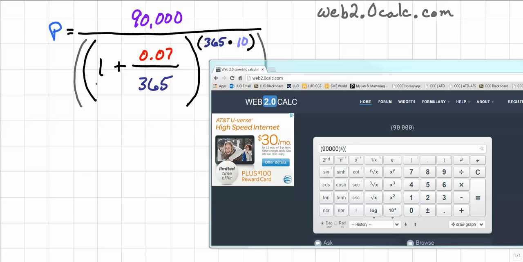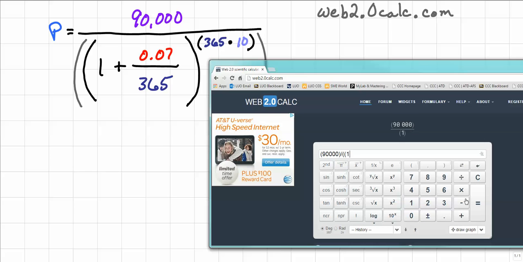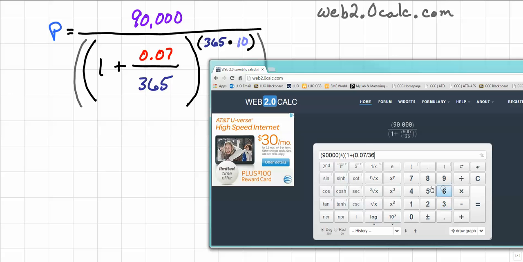So now that I've set my second parentheses, I will type in the number 1 plus, and then I'm going to open another set of parentheses to encompass the 0.07 divided by 365. I'm going to close those parentheses, and then I'm going to close the parentheses again.